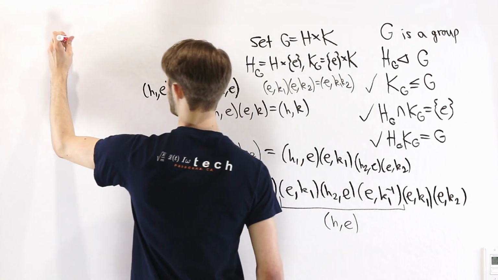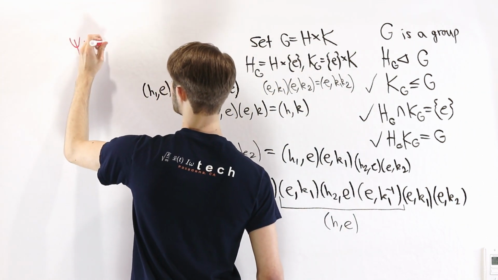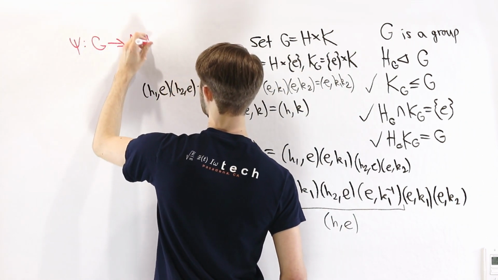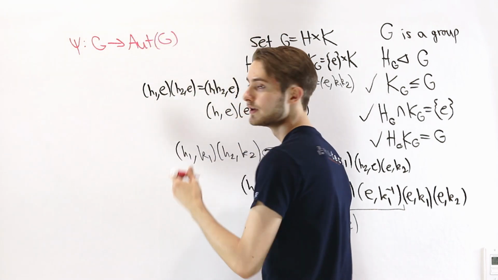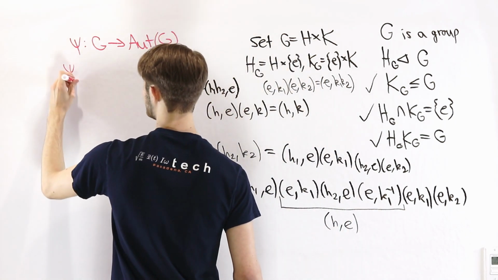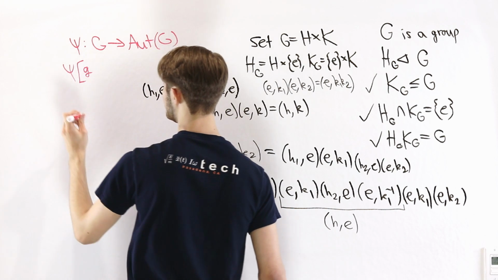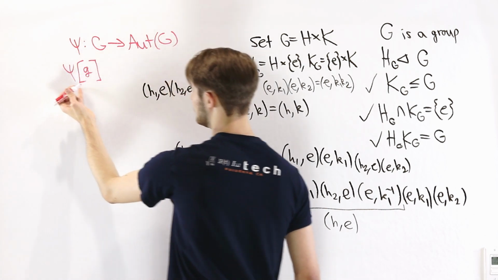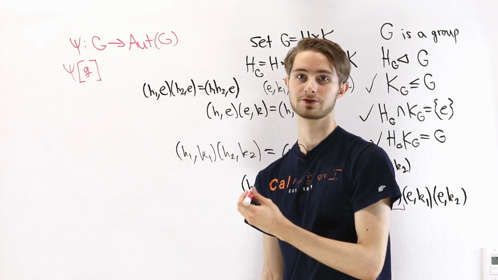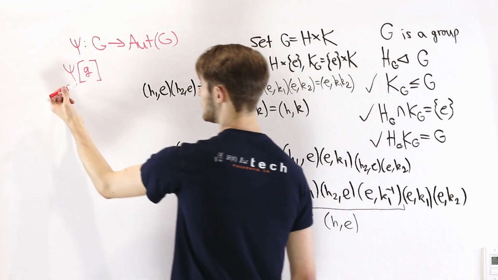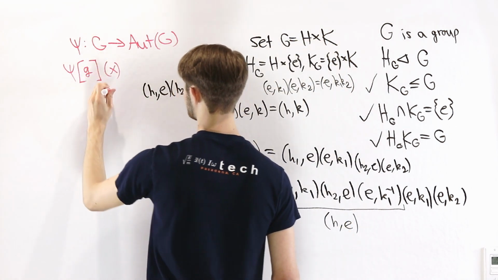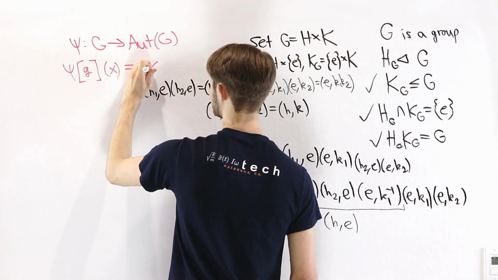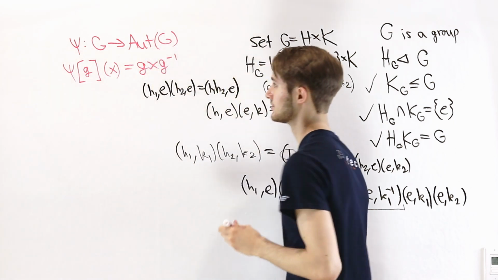So we can look at a map, we'll call it psi, that goes from G to the automorphism group of G. What this is going to do is take some element G in the group to psi of G, the automorphism map of conjugation. So if we apply psi of G to some specific element X, it's going to give us G X G inverse.